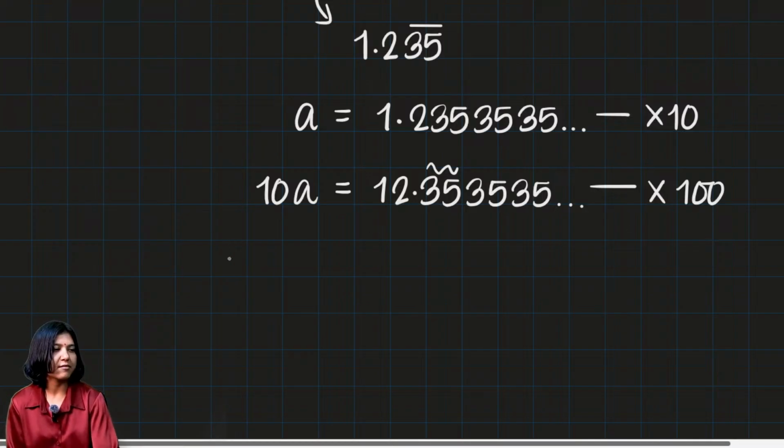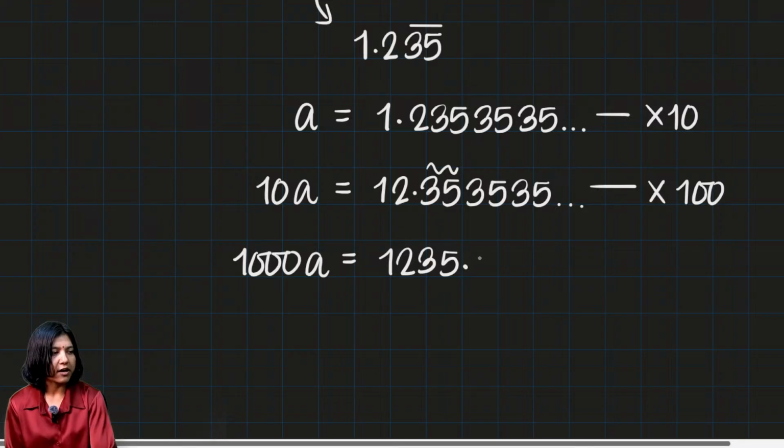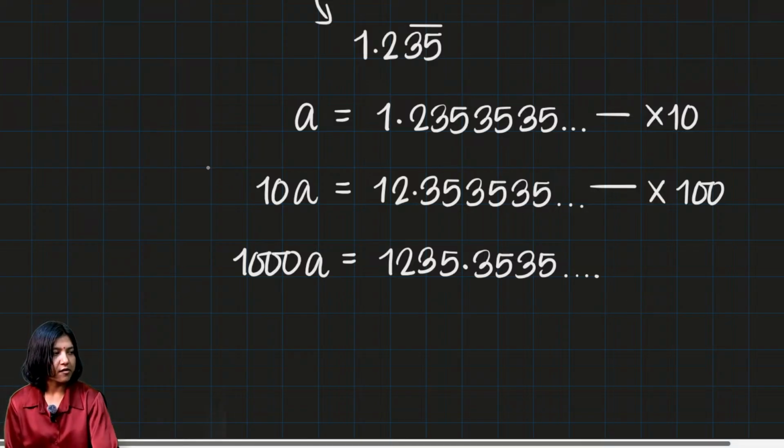So 10 times 100 is 1000. What I get on the left is 1000a equals, I have to move the decimal to the right by two places, making my number much higher, 1235.35353535 and so on. Now I have the two equations.